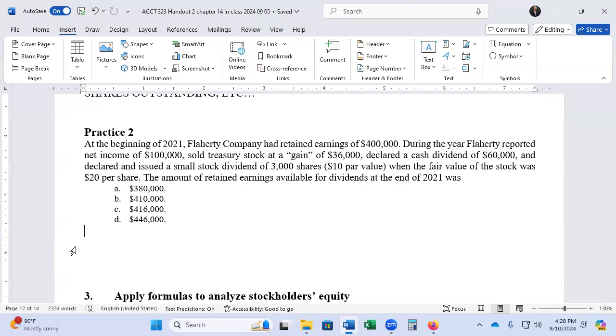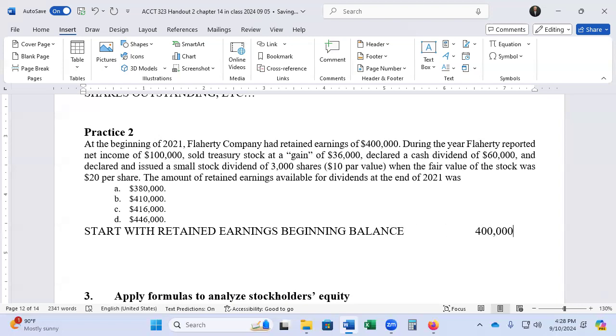The amount of retained earnings available for dividends at the end of 2021 was... Start with the retained earnings beginning balance, which was 400.